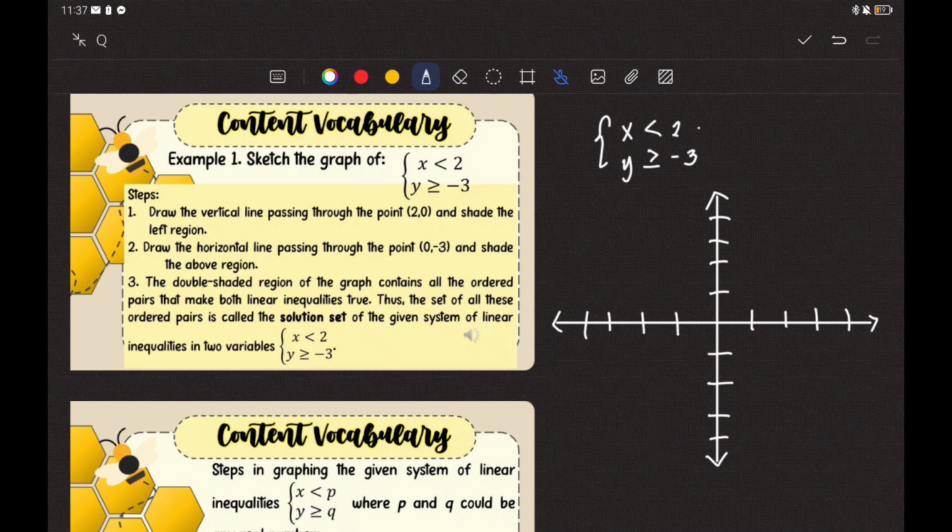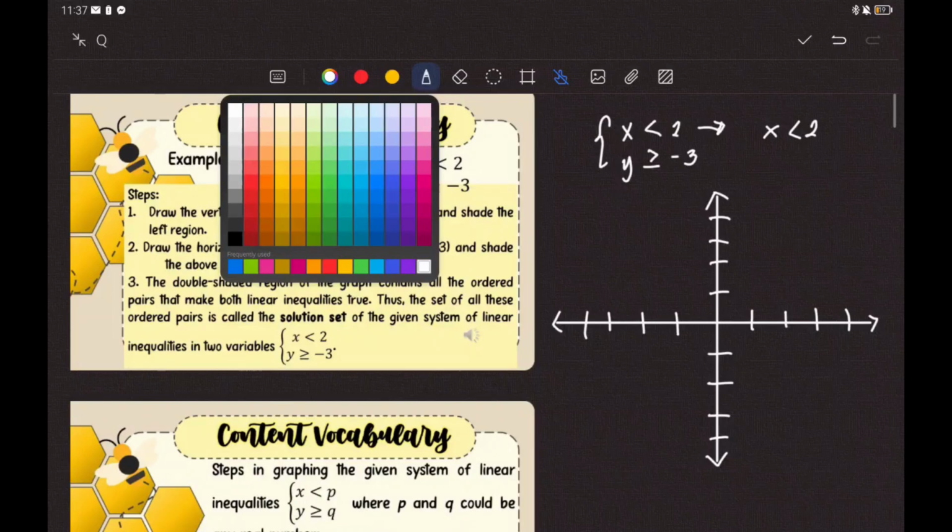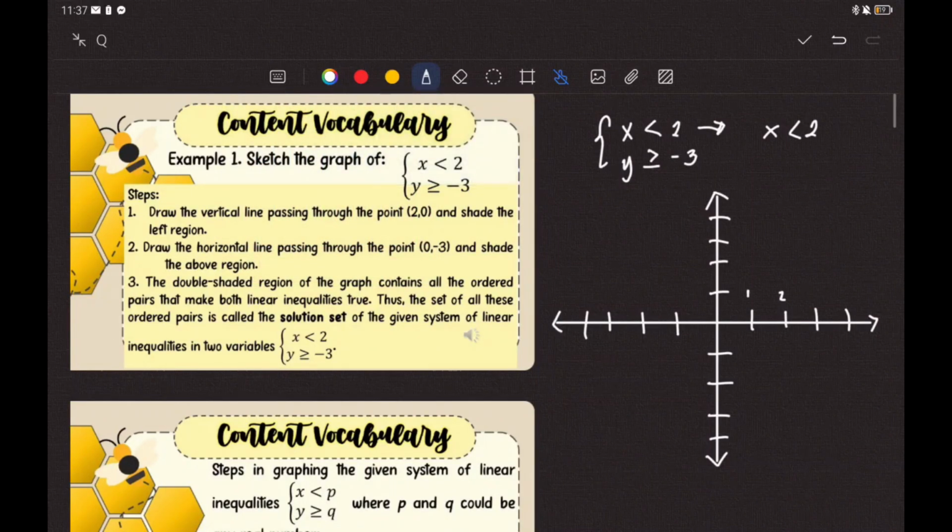Since in this part, given x is less than 2, we need to have our point. Let me put numbers first. Okay, so our point for x here is 2.